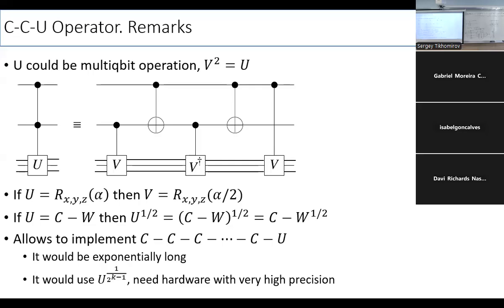And how precise should our physical system be to make such a really small rotation? That's too much for the system. So this way is not very good. This is a theoretical, very good solution for everything, but there are a lot of questions.